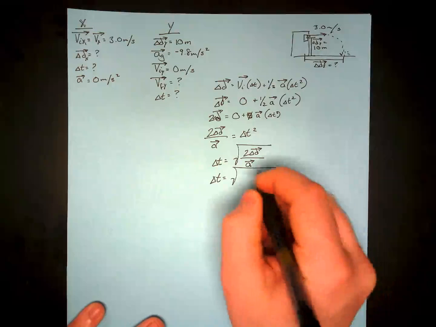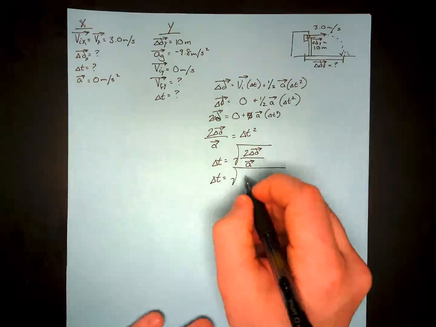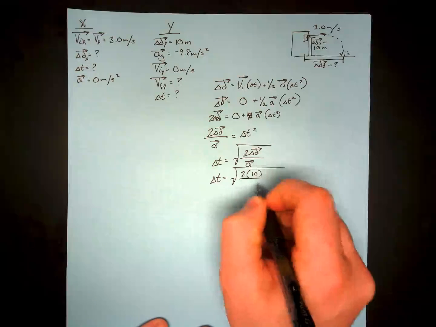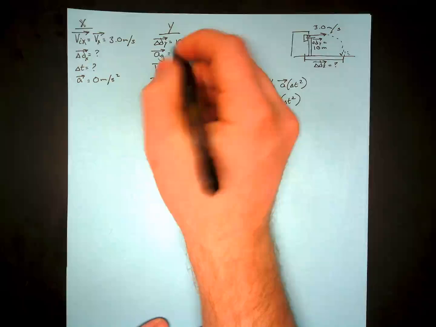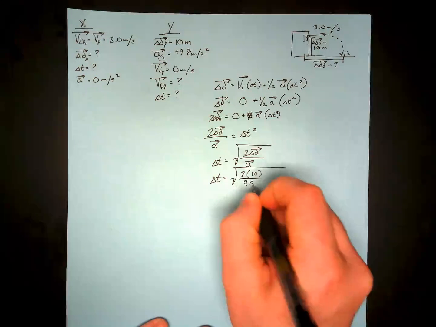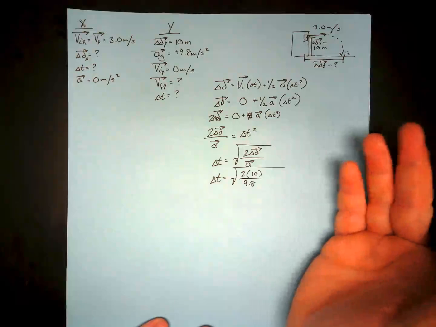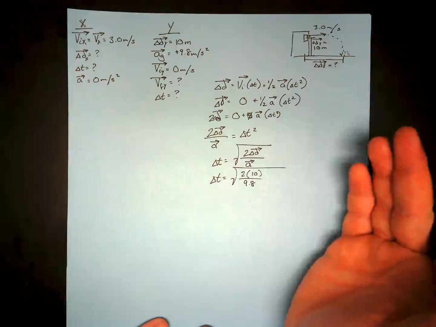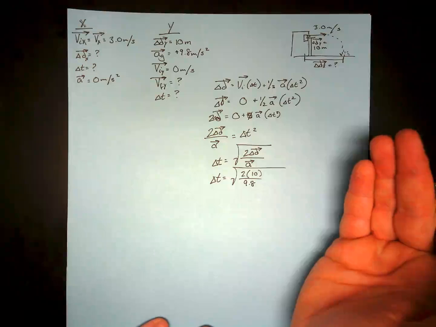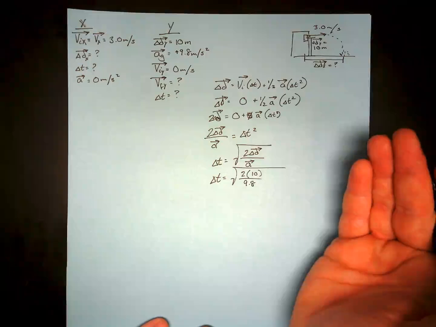Then time is going to be equal to the square root of 2 times the displacement over acceleration. If we plug all that in and pop it into the calculator, that'll be 2 times 10 over, in this case, I did put negative. I shouldn't have done that. Let's just keep it a positive 9.8. The reason why it's positive is that we have vertical motion in one direction, so there's no point in making it negative.